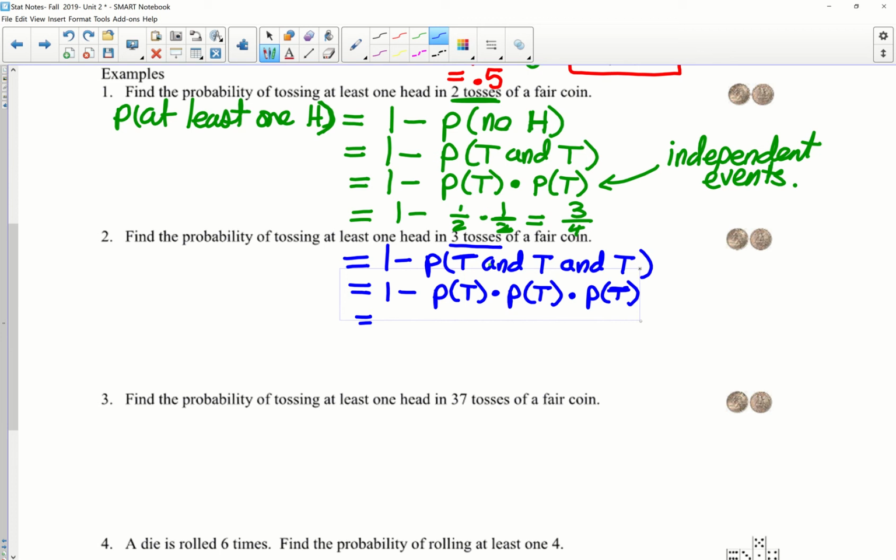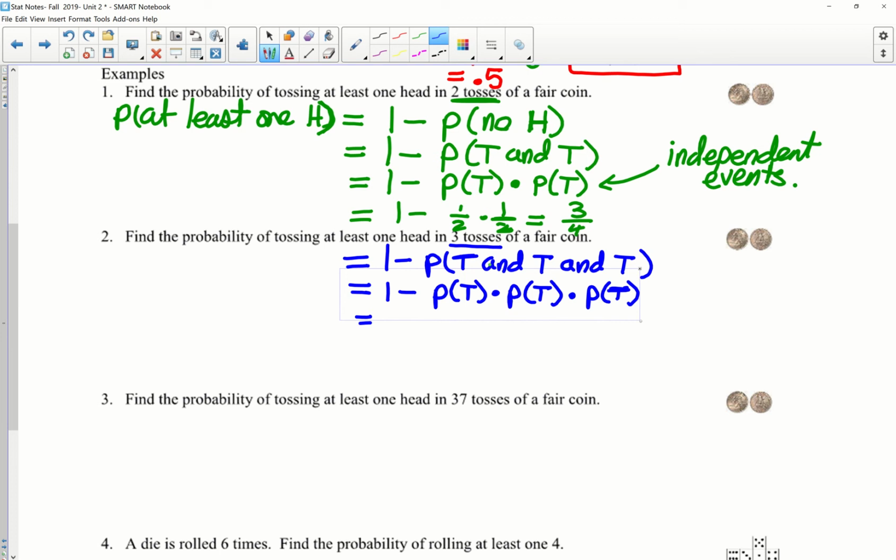So instead of multiplying 1/2 by itself, we're going to do it by itself 3 times. Question? How did you get 3 over 4? I understand 2 times 2 is 4, but how did you get? Well, 1/2 times 1/2 is a quarter. So 1/4, and so 1 minus 1/4.